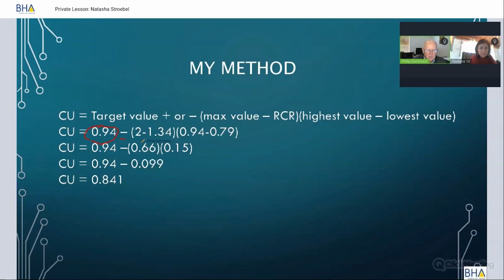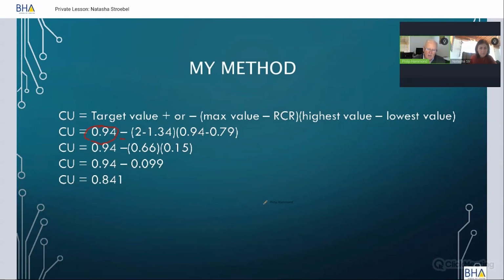So we take 2 minus the 1.34 to calculate that value. We can't take 1.34 minus 2 because we'll get a minus number and we can't work in that. So we use 2 minus 1.34. Then in the next brackets, remembering BODMAS, 0.94 minus 0.79. We got those from the table.